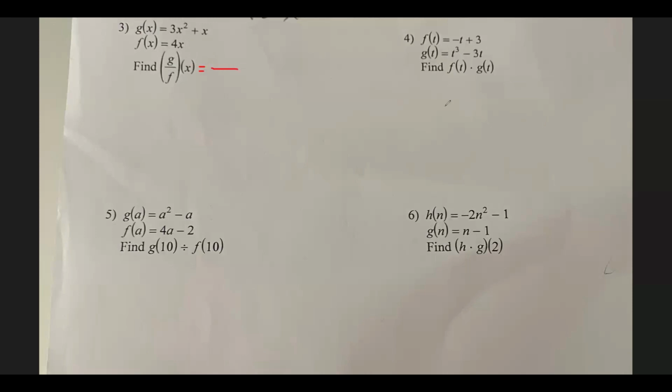Then we can write g of x here, and over f of x. Then after that, we can replace the functions: g of x over f of x, which is 3x squared plus x over 4x. So you have a rational expression.